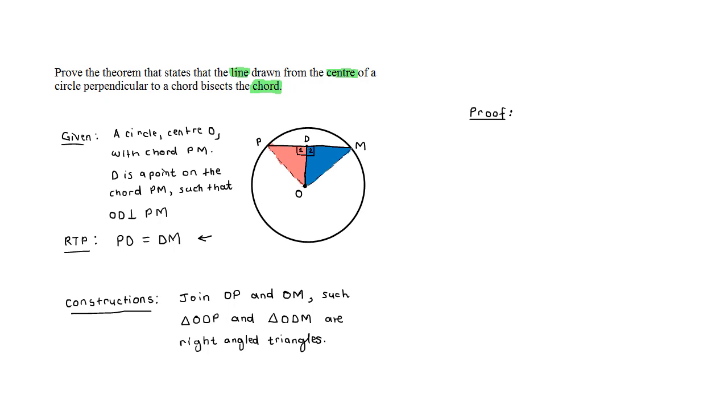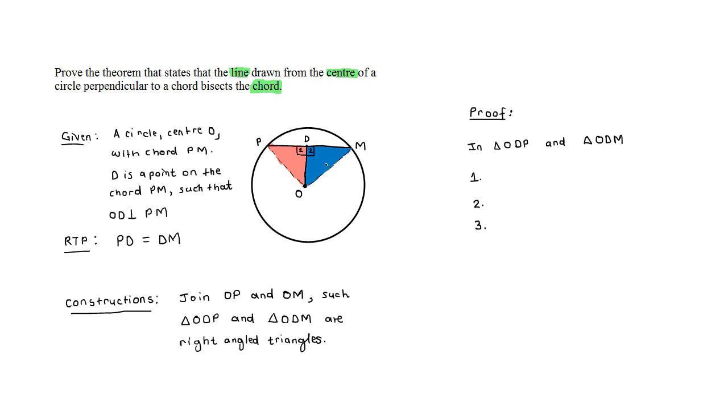The way that we'll set it out is we're going to say in triangle ODP and triangle ODM. Now we're going to do a proof of congruency, so we know that we need to list three different points.